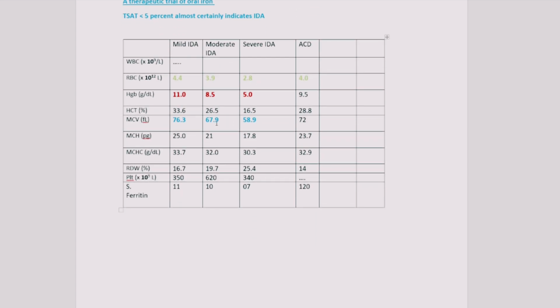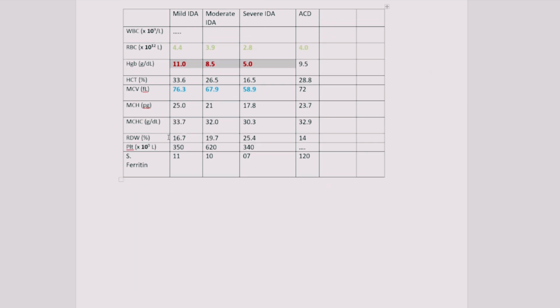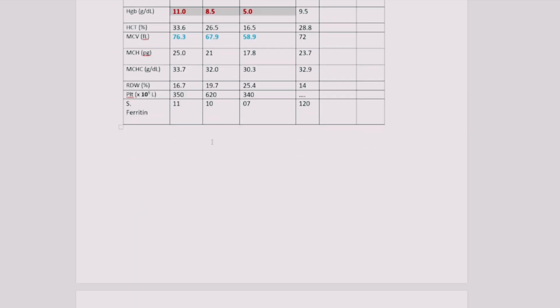Here, you can see that the degree of anemia, hemoglobin 8, hemoglobin 5, correlates with the severity of microcytosis and correlates with the reduction of RBCs. There's a correlation between degree of microcytosis and severity of anemia. Here, RDW is high.